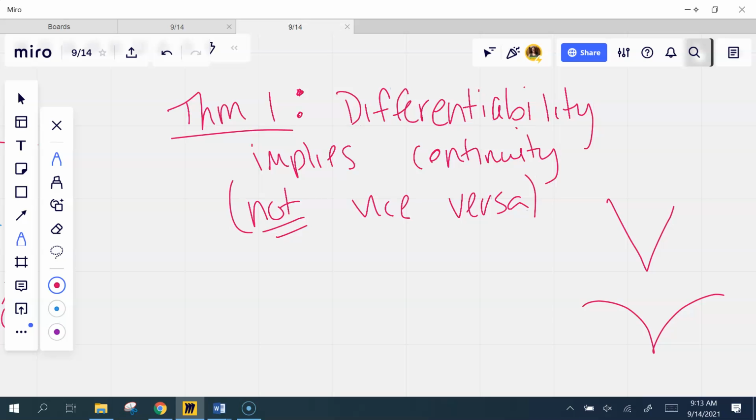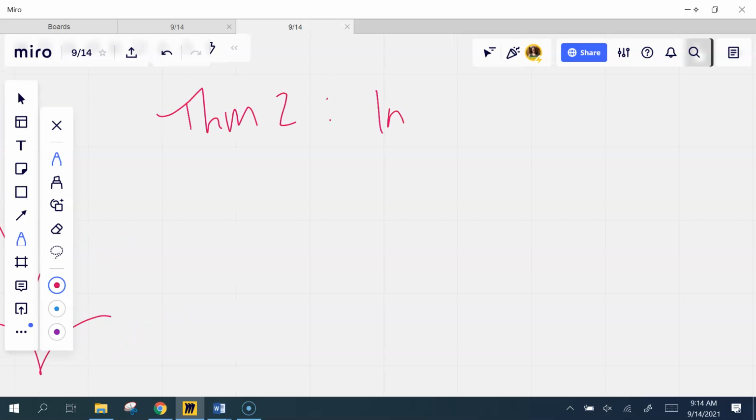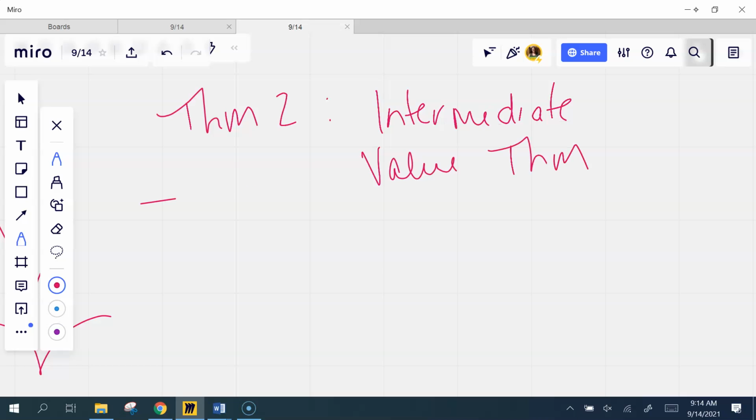The other is one that we haven't really talked about, but it makes sense, as does a lot of the type of theorems here. This is a theorem that comes up all the time. It's the intermediate value theorem, IVT.